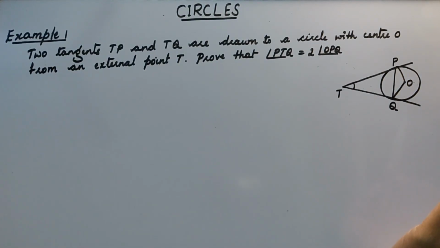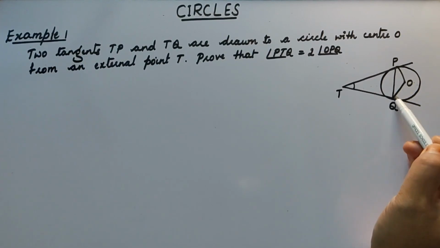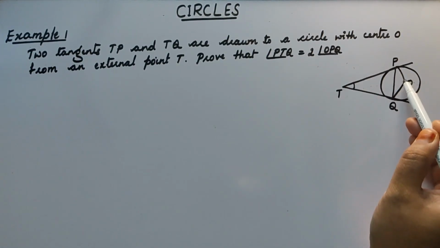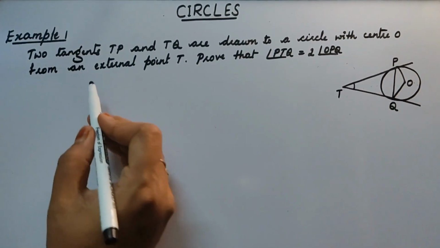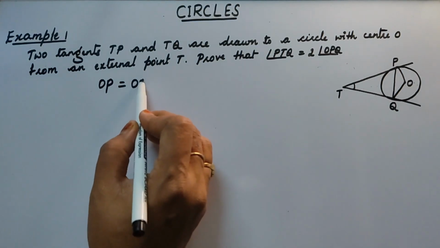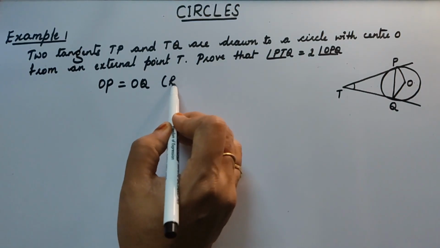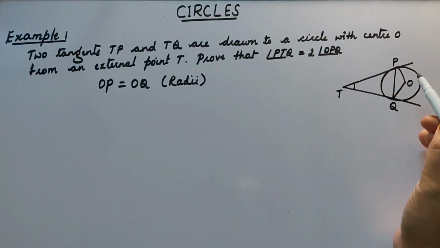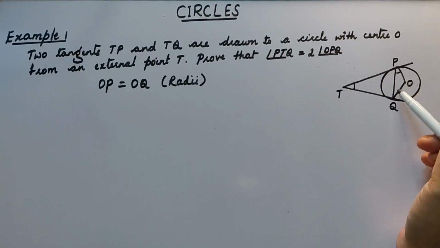What do we have to do? First write what you see here. OP is equal to OQ, these two are radii, right? So let me write here OP is equal to OQ. They are the radii of the circle. Now next, let me consider this as x. If we consider this as x, this also will be x.